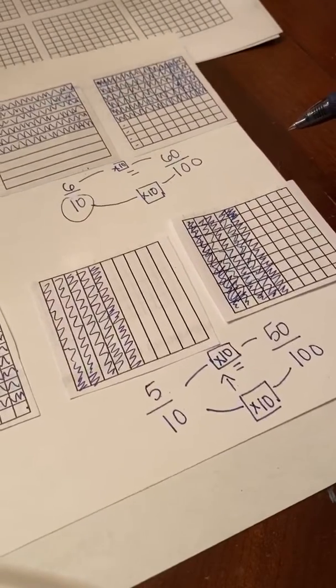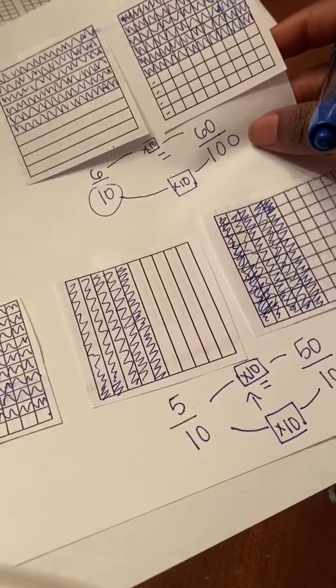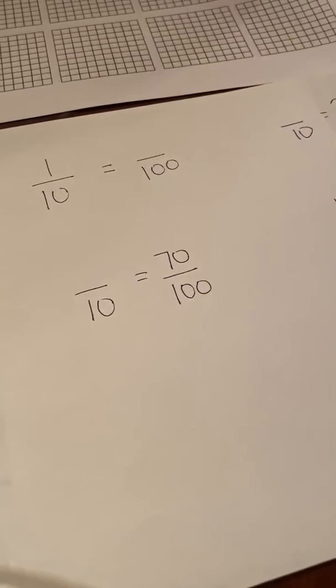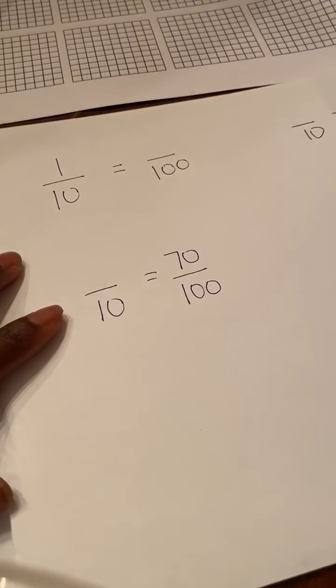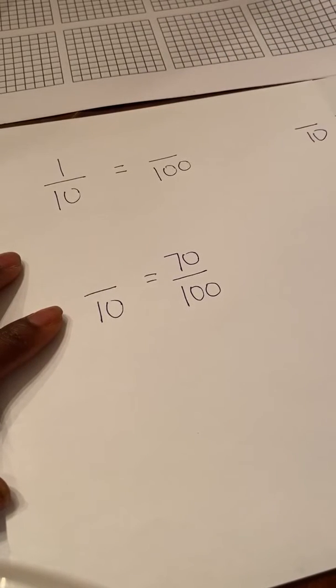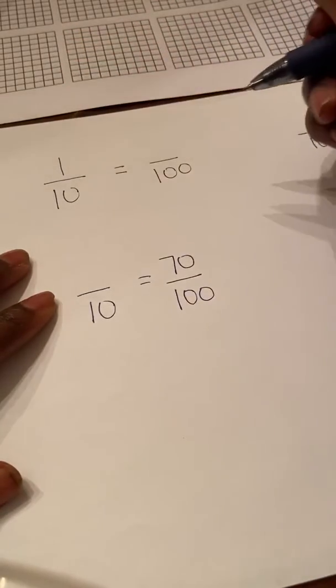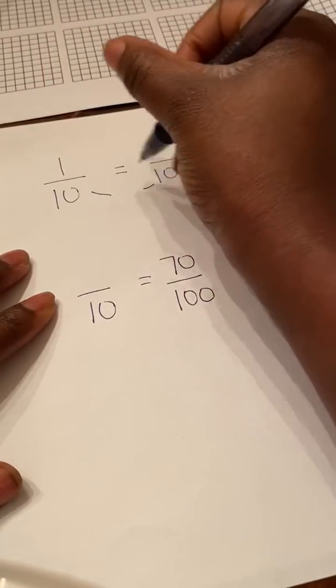Now let's look at some other problems. For these problems, we are going to simply use the same method of trying to find out how to get from using tenths to 100. Okay, so again, we're going to ask ourselves, how do I get from 10 to 100?